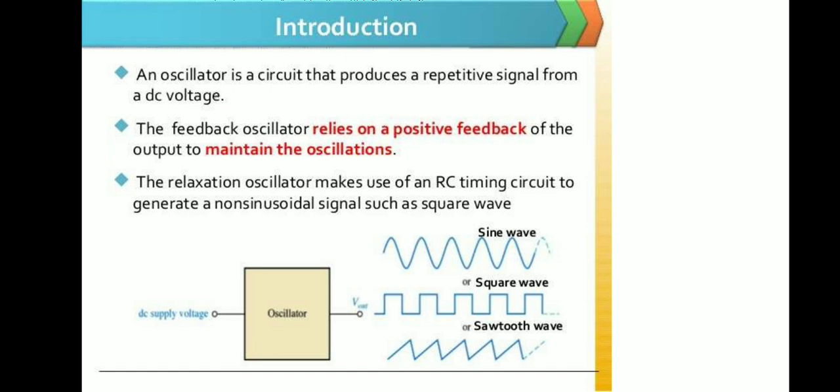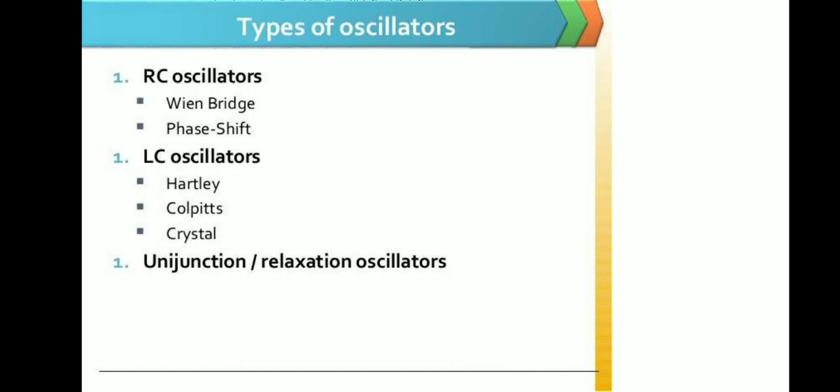The relaxation oscillator makes use of RC timing circuits to generate non-sinusoidal signals such as square wave, triangular wave, sawtooth wave, etc. Types of oscillators: RC oscillators, Wien bridge oscillator and phase shift oscillator, LC oscillators, Hartley oscillator, Colpitts oscillator and crystal oscillators. Also, unijunction or relaxation oscillators are types of oscillators.